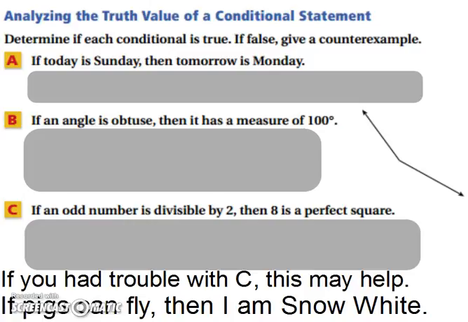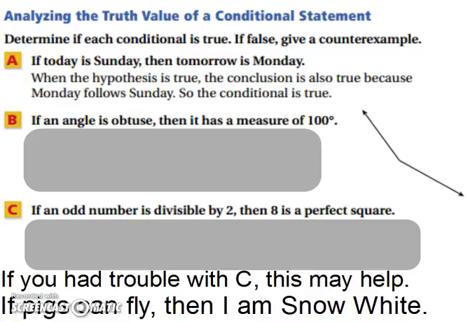If today is Sunday, then tomorrow is Monday. When the hypothesis is true, the conclusion is also true. Monday follows Sunday, so in this case the conditional is true.